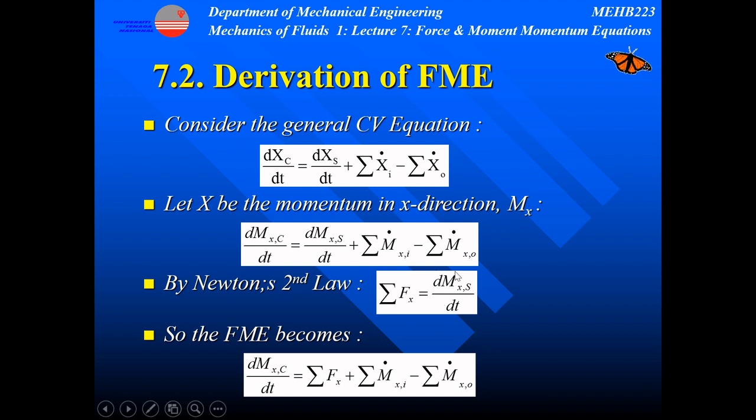So you can replace this term with the summation of external forces acting on the system. When you replace it, you get this equation. This is the general force and momentum equation, also called the linear momentum equation.